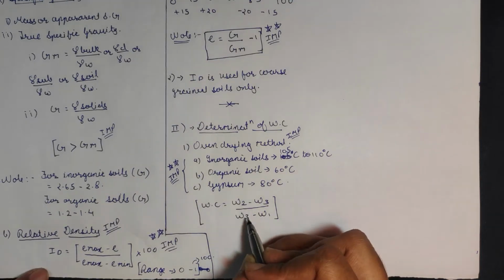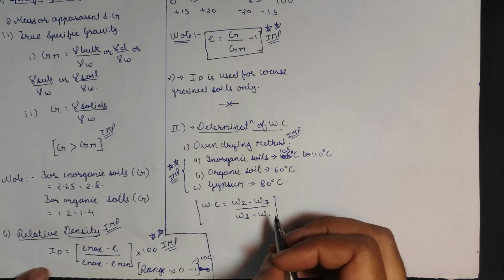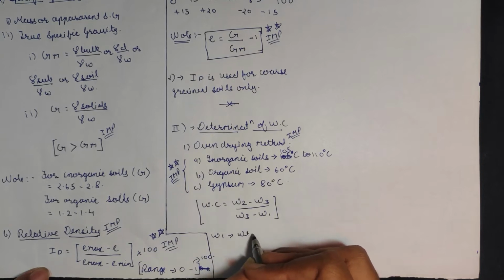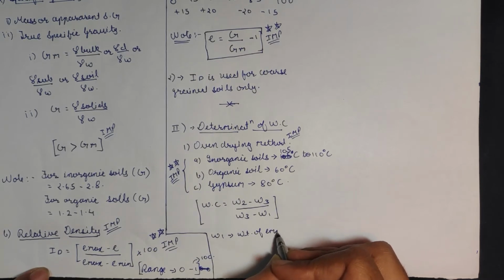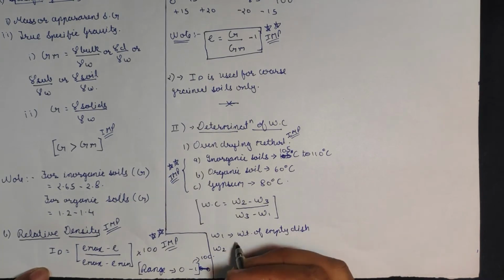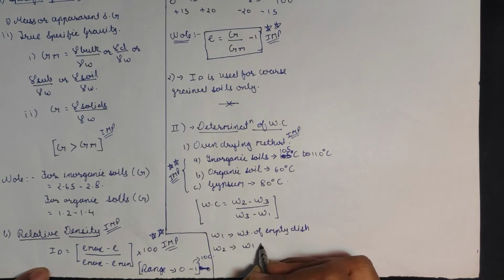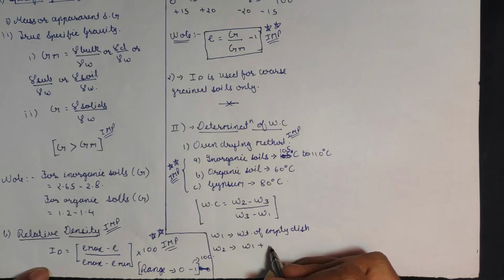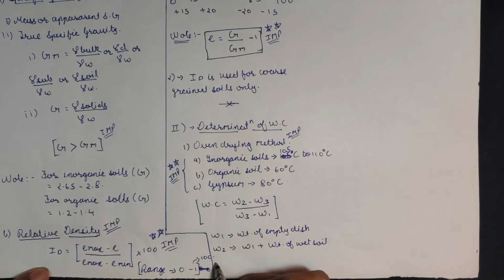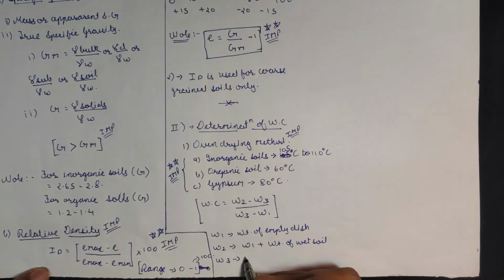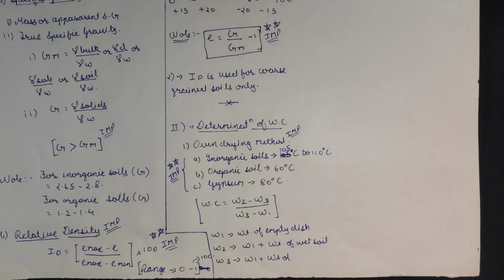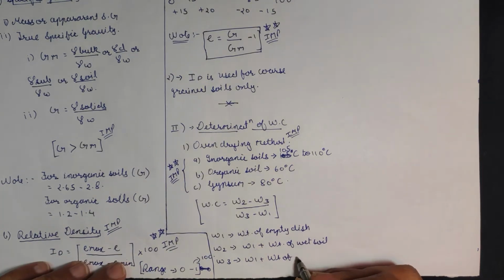Now guys, here the terms W1, W2 and W3 represent: W1 stands for weight of empty dish, W2 stands for W1 plus weight of wet soil, and W3 stands for W1 plus weight of dry soil.